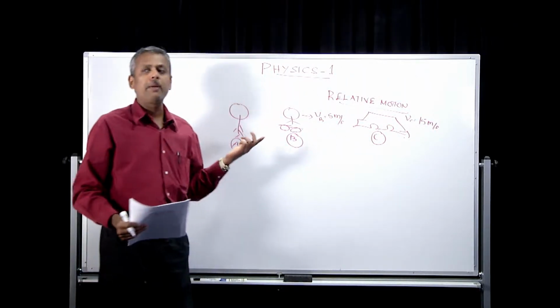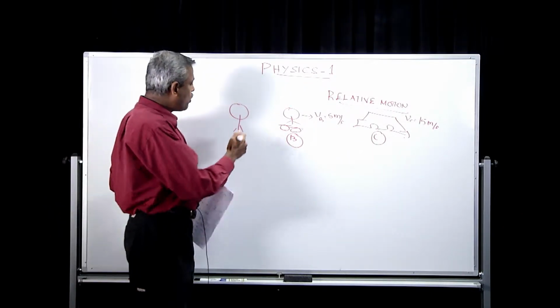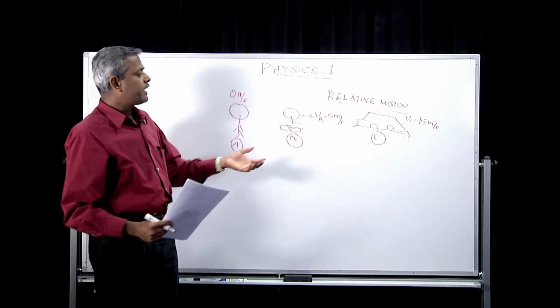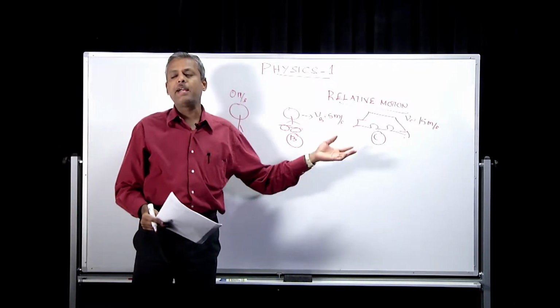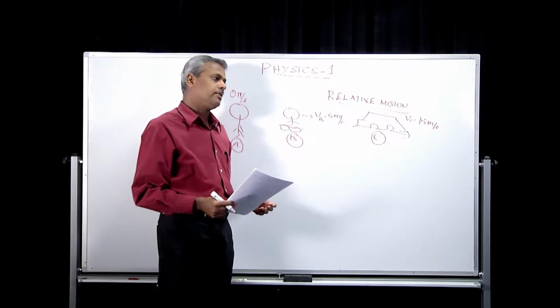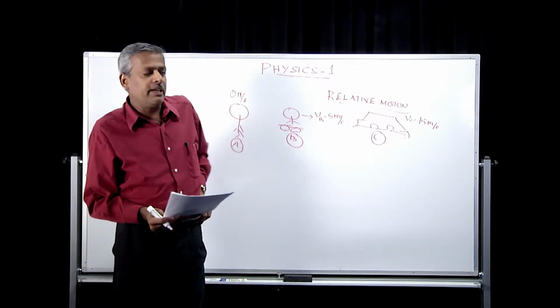So, you have three people. A has no motion, that means 0 meters a second, B is riding a bike at 5 meters a second, and C is driving a car at 15 meters a second. So, the motion is relative. What does that mean?